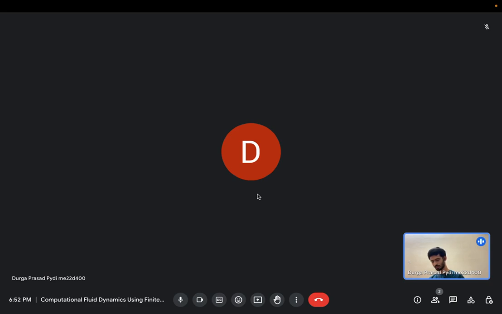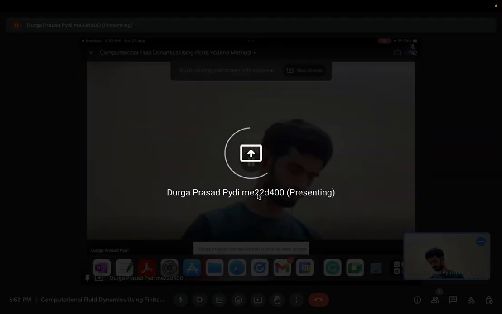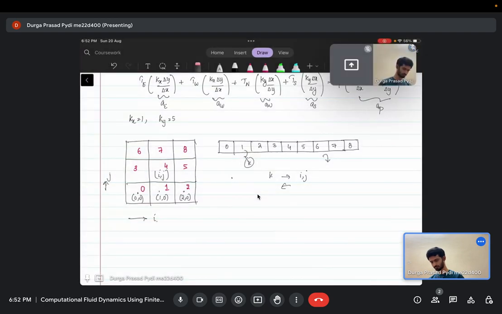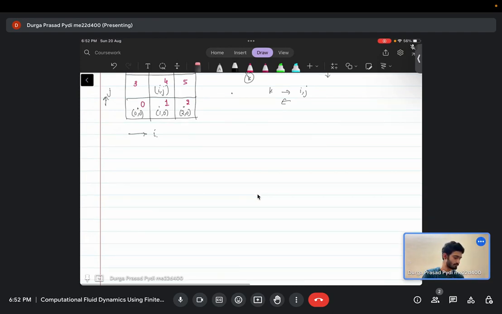One more point that I would like to bring to your attention is regarding when you should be applying these finite volume methods. Let's take an example of your boundary layer equations or your Glacier solution.